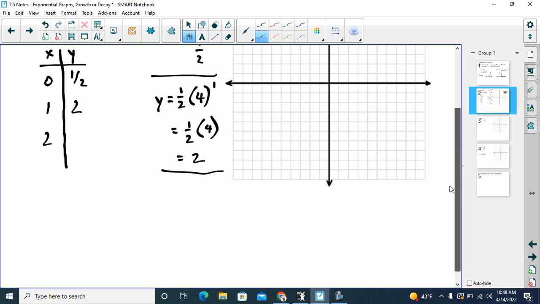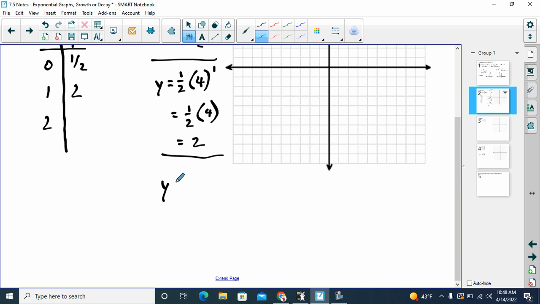If I put 2 in for x, it's going to say y equals 1/2 times 4 to the second power. 4 to the second power means 4 times 4. That's 16. 1/2 times 16 is 8.